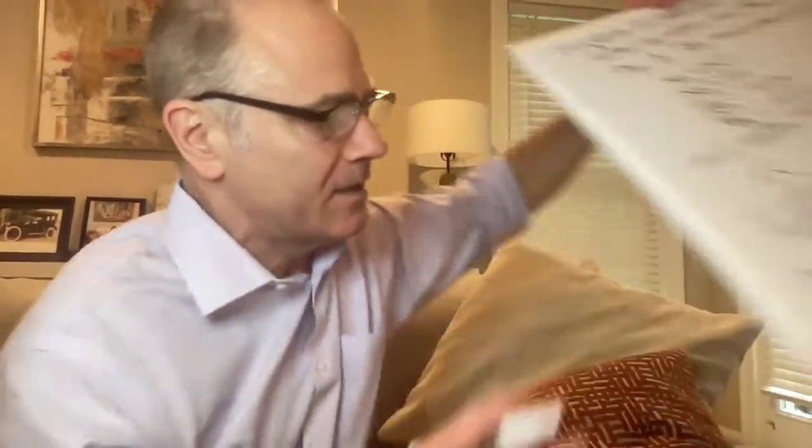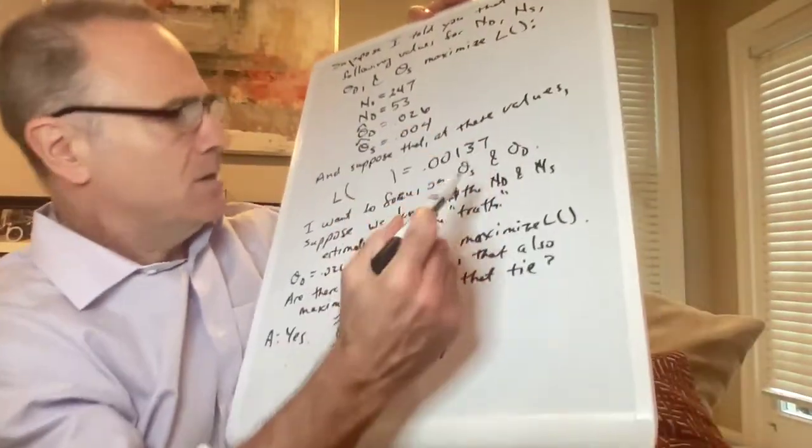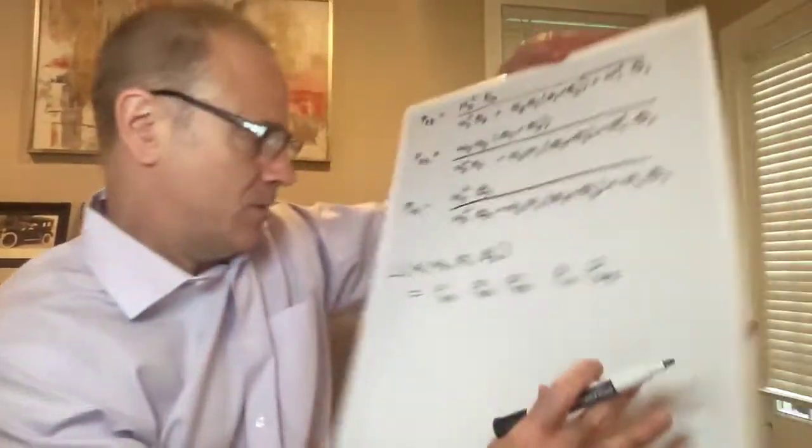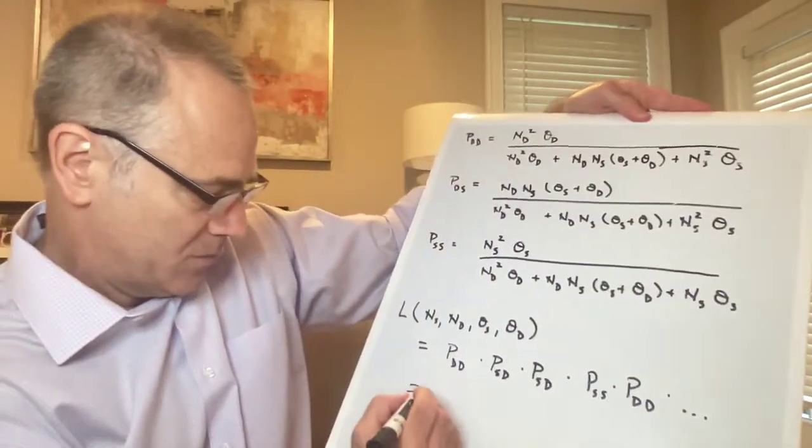First, what did I say? The value of the likelihood function equals 0.00137.